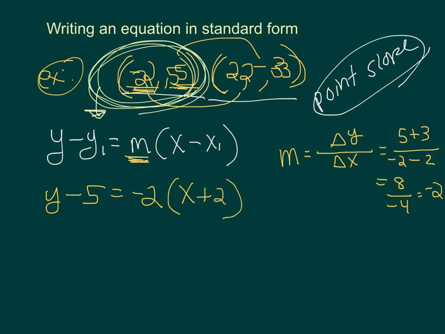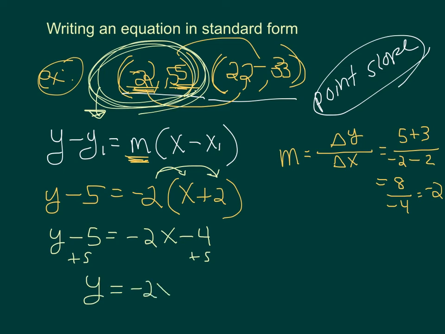And then I'm going to rewrite it into slope-intercept form. So I'm going to distribute the negative 2. I'm going to end up with y minus 5 equals negative 2x minus 4. I'm going to add 5 to both sides. And I'm going to have y equals negative 2x plus 1. And this part, hopefully, you were able to do.